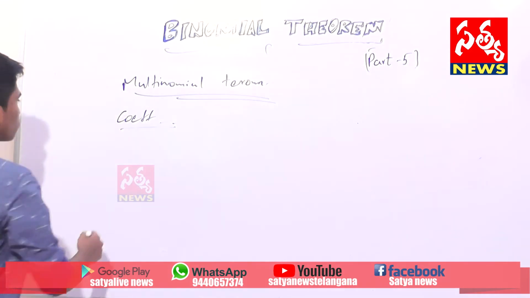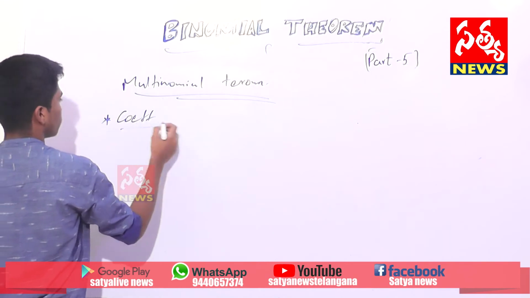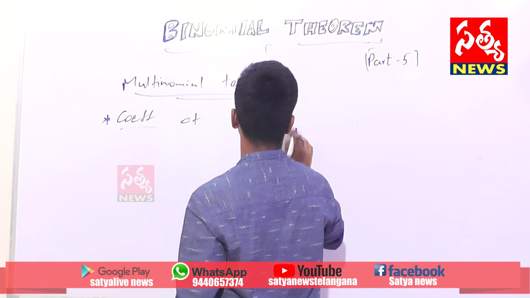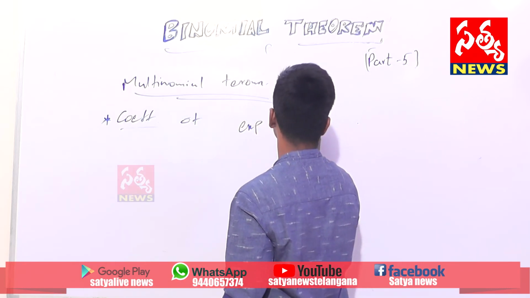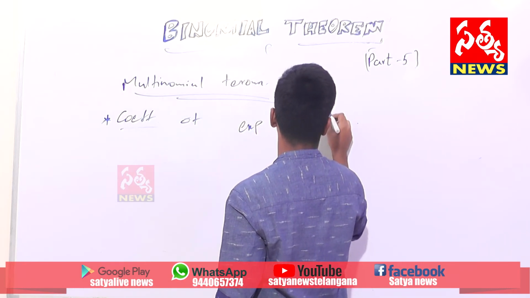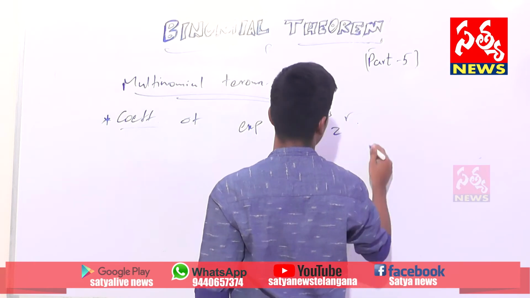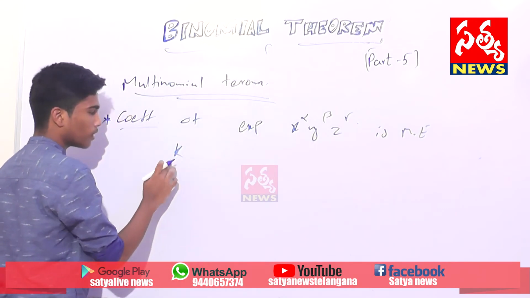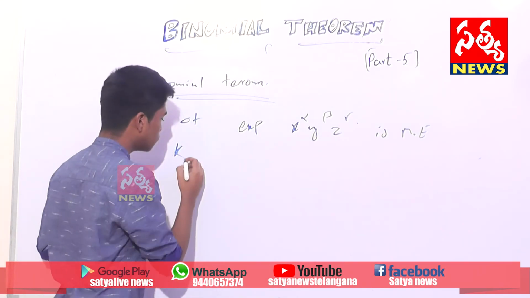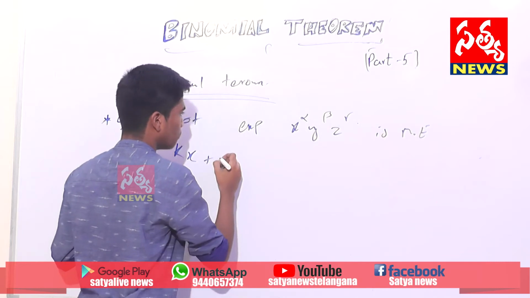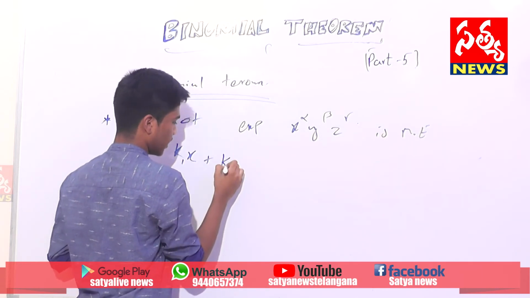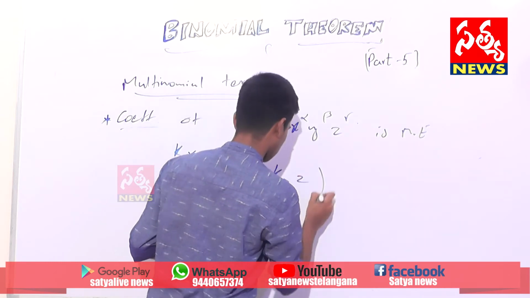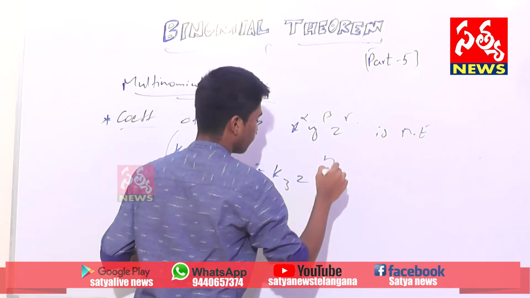And next, finding the coefficient of x power alpha, y power beta, z power gamma in the multinomial expansion of k1x plus k2y minus k3z whole power n.